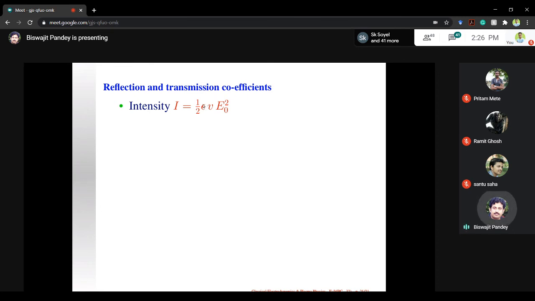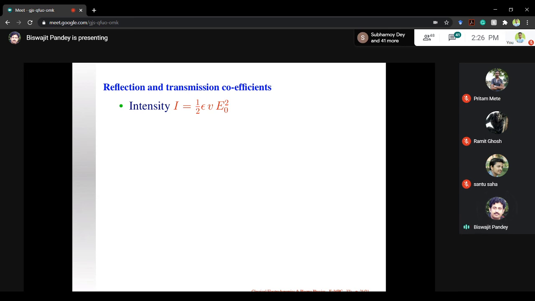Now, why is this so? Because we have already learned that the energy density of the electromagnetic field is half epsilon E squared plus half B squared by mu 0, and you can again simplify it.